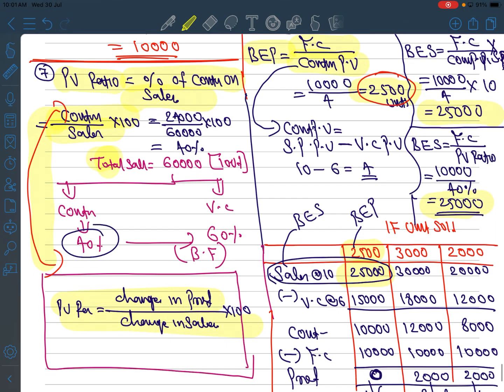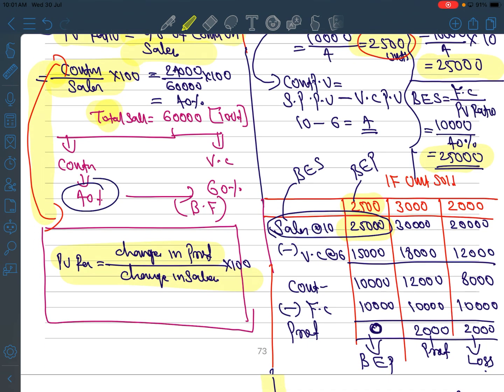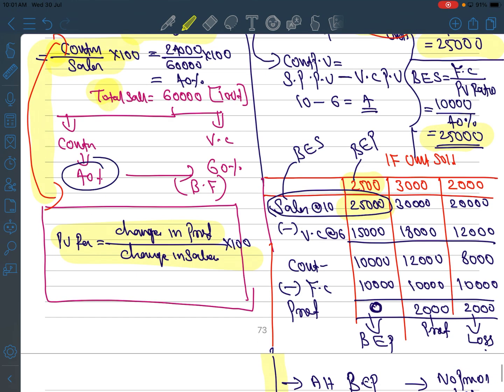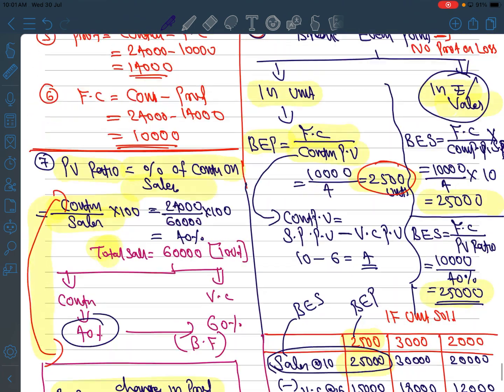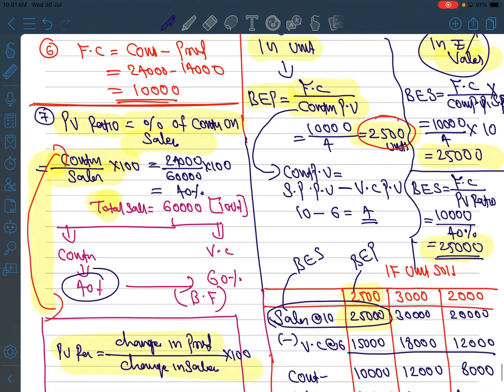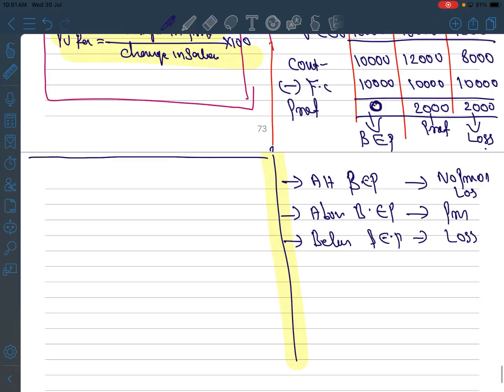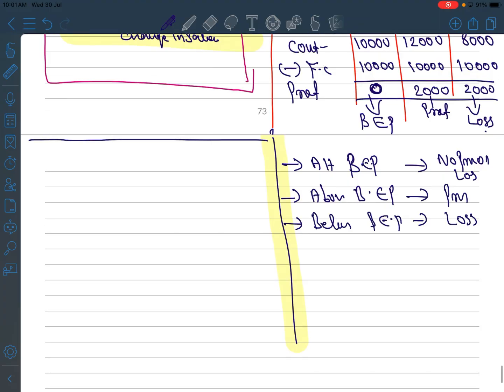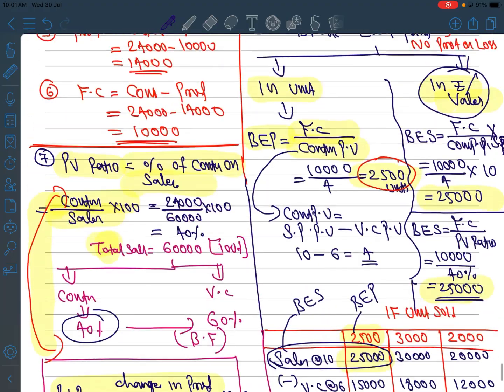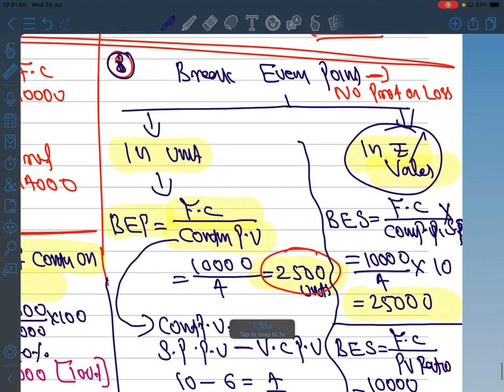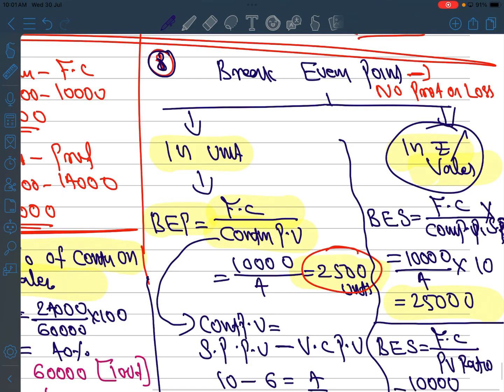Actually, in this particular question, my aim is to make you familiar with the equations and a few concepts, not more. So, is our question over? No. Next, what did they ask? Margin of safety, point number 8 or 9. So, let's conclude break-even point. Break-even point means the no profit or loss point. It can be expressed in two ways: number one, units, then rupees.